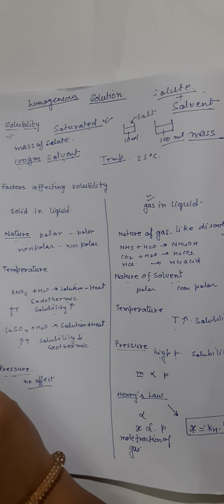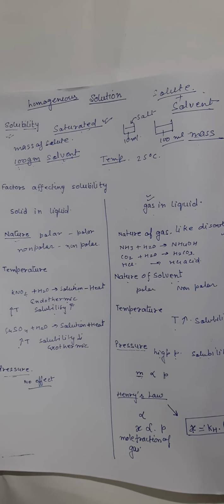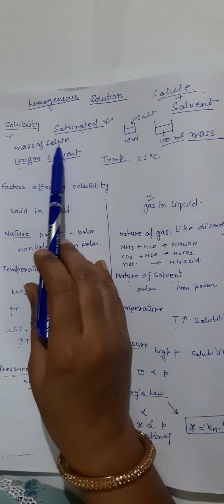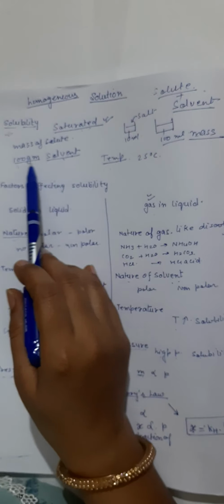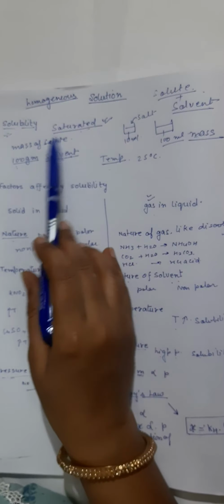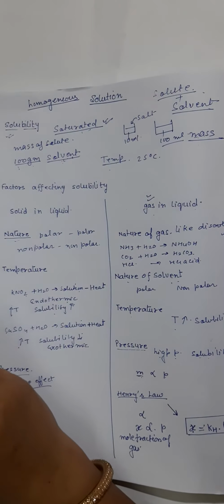So to define solubility, we have to keep the temperature constant, and generally that temperature is taken as 25 degrees centigrade. So the definition of solubility becomes: the mass of solute required to prepare a saturated solution, meaning no more can be dissolved, in 100 gram of solvent at 25 degrees centigrade. When all these three factors are incorporated, the term is called solubility.